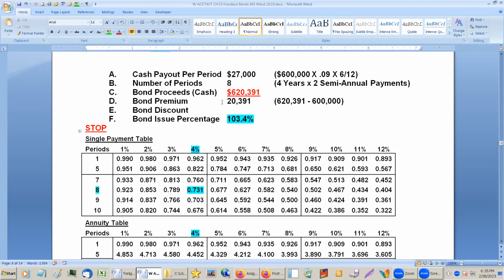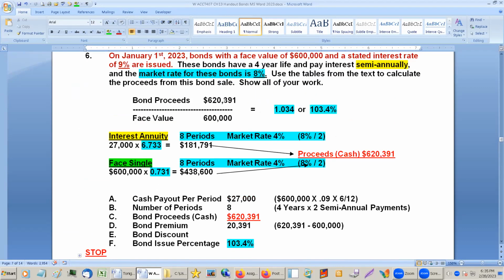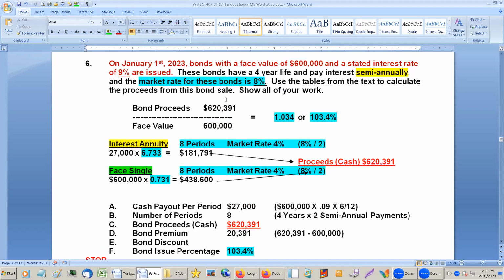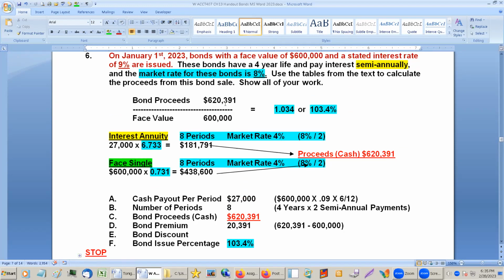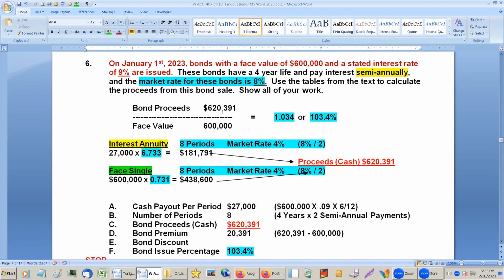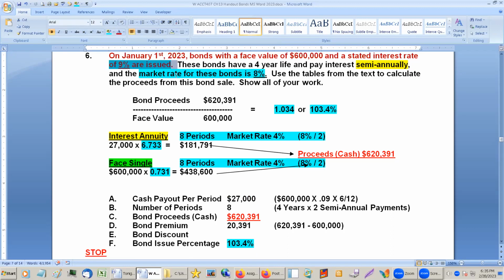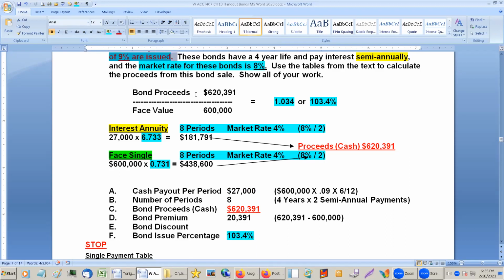Let me go up here. I've got to get to a premium one. Yeah, so like here, you'll see that the interest rate that they're paying is 9%, where the market rate is 8%. So when they pay out this 9%, they're actually paying an extra 1%. That extra 1% will pay down that premium.